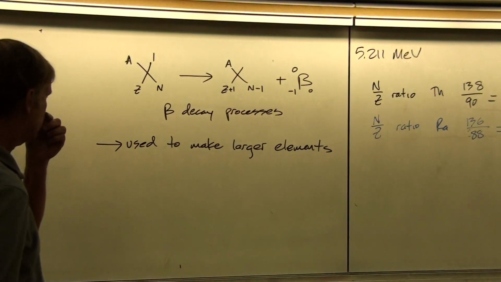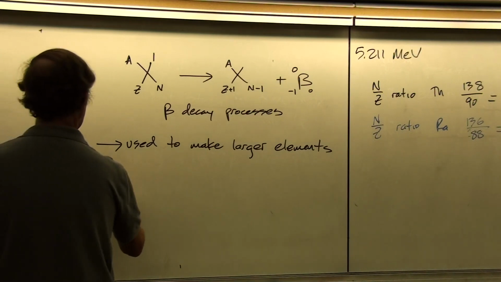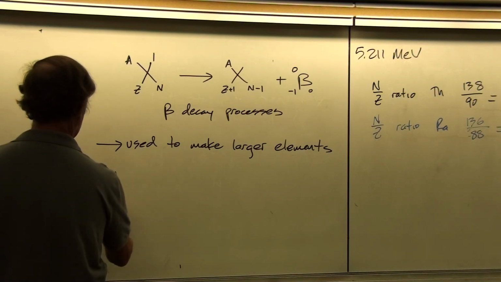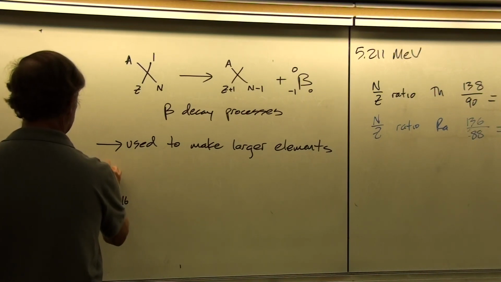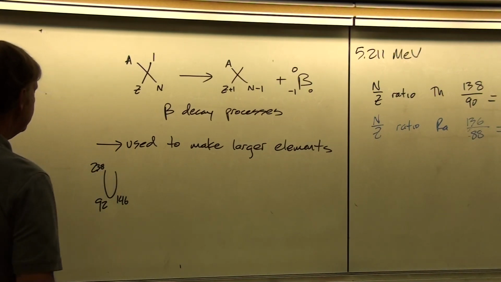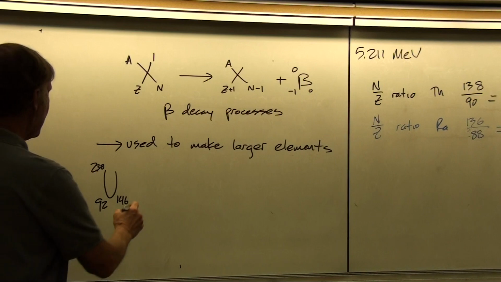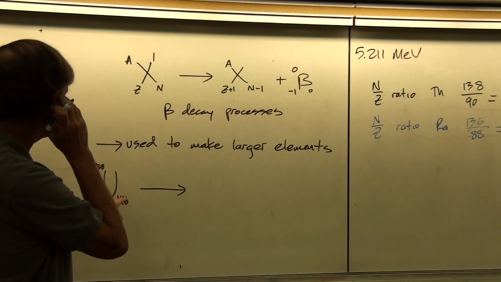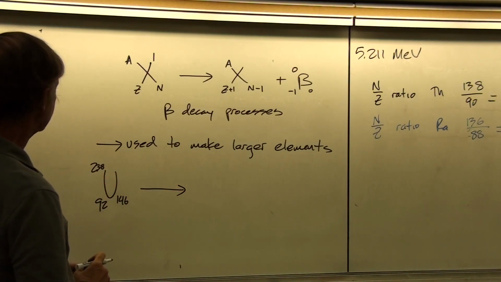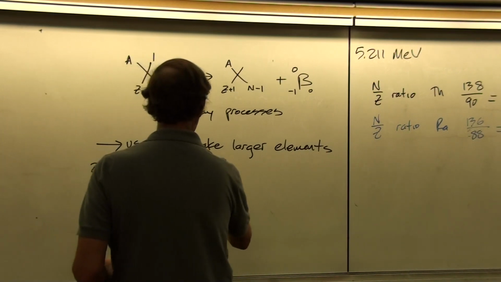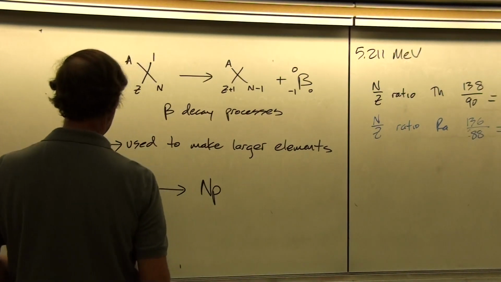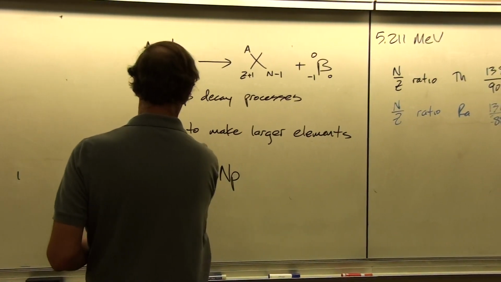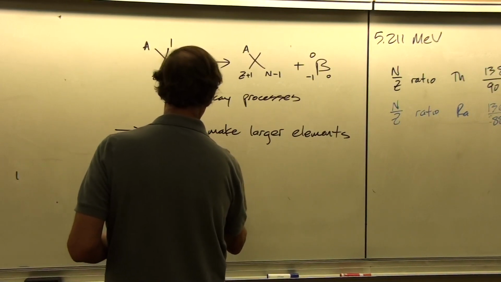For example, you could start out with a U-238. Sorry, this is 92. This is 146 and 238. And then if you allow this to transform into something else, in other words, you allow it to decay, this ends up being Neptunian. And a Neptunian has an atomic Z number of 93.